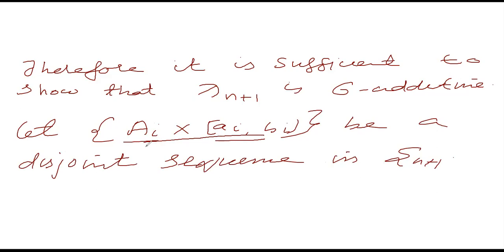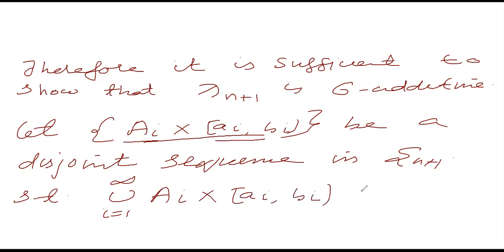And this sequence is a disjoint sequence in S n plus 1 such that the union, i runs from 1 to infinity, of A_i cross (a_i, b_i) also belongs to S n plus 1. So that means this union is also a product of n plus 1 copies of semi-closed intervals.